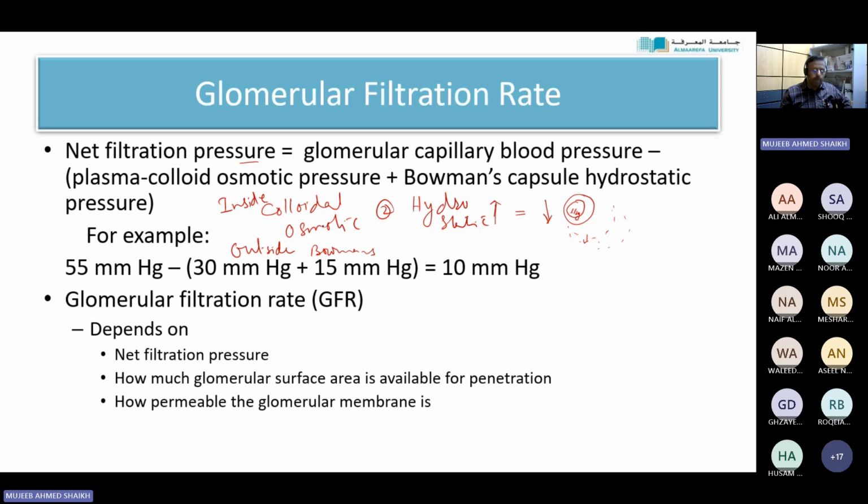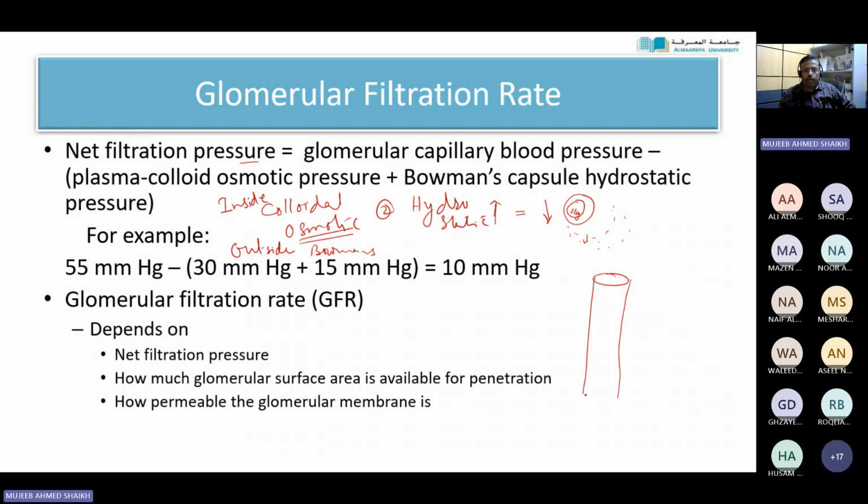Who will tell me what is the meaning of colloid osmotic pressure? Somebody should tell me. Without that, you will not understand. No one?